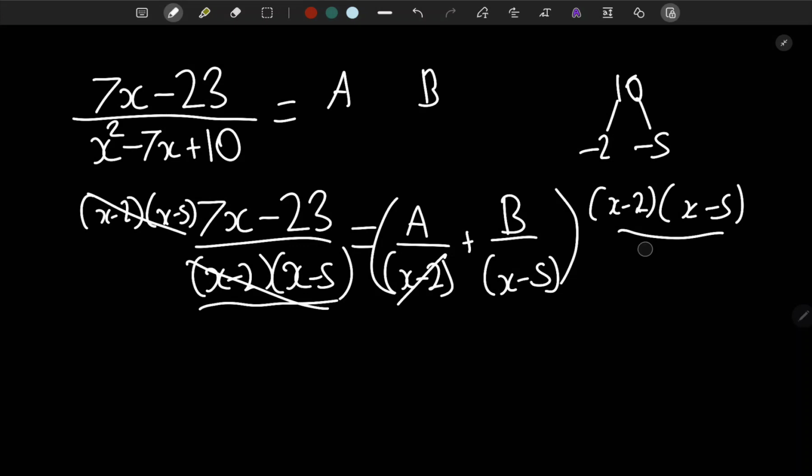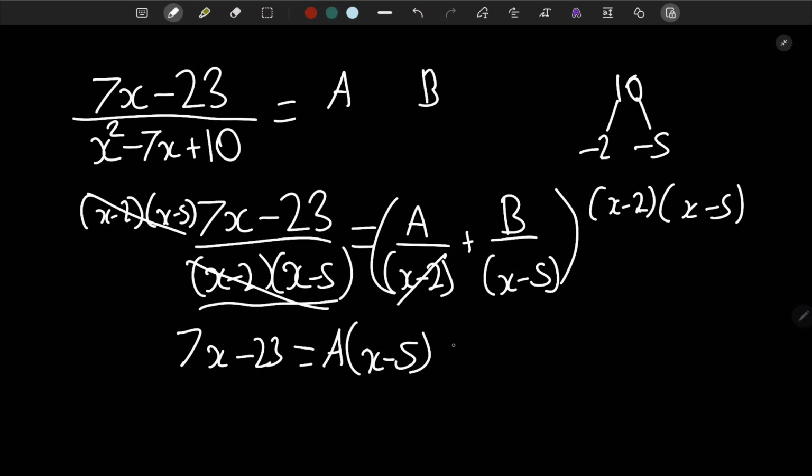For the other part b, the x minus 5 will cancel out and b will be multiplied by x minus 2. So the equation we will be left with is 7x minus 23 is equal to a times x minus 5, plus b times x minus 2.